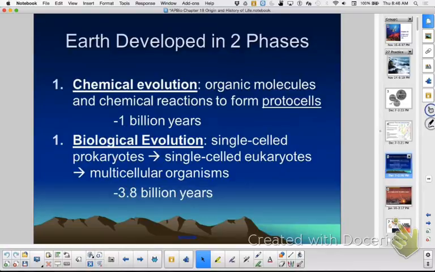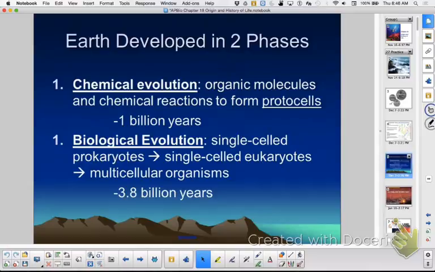Now, the first big step, we said monomers to polymers. Tell me some monomers. What's the monomer for carbohydrate? Sugars, right? What's the monomer for protein? Okay, sugars and amino acids are organic. What did I tell you early Earth was? Inorganic. So step one is even having the monomers, right?